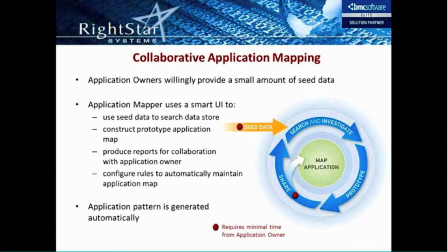Okay, and then there at the bottom you'll see that application is generated for me automatically, and you have that going forward. So once you've built the map and you may have dynamic changes, maybe a VM switches, your map is going to be automatically updated with that new IT resource that's hosting that specific part.